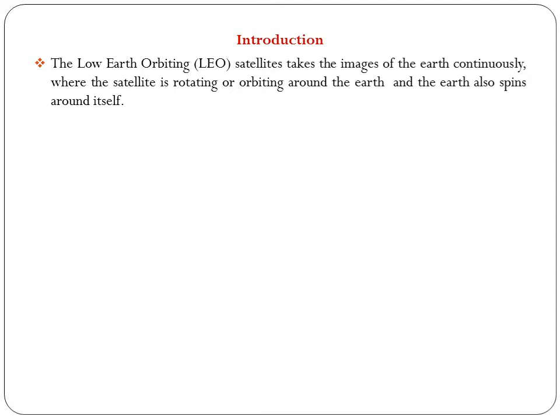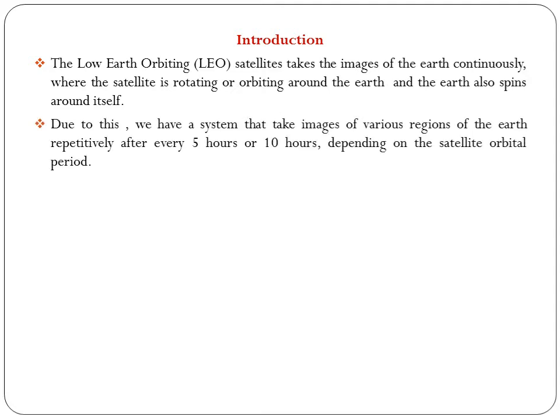The satellites that are used for taking the images continuously are the LEO, low Earth orbiting satellites, where the satellite will be orbiting around the Earth and the Earth will also spin around itself. Due to this, we have a system that takes images of various regions of the Earth repeatedly every 5 hours or 10 hours, depending upon the satellite orbital period.